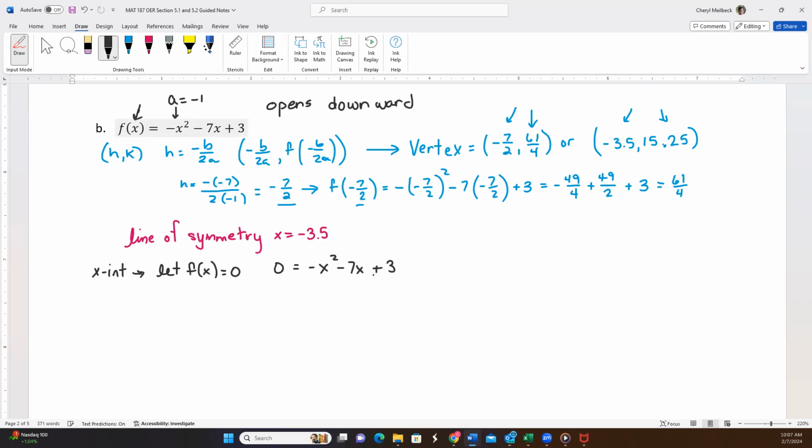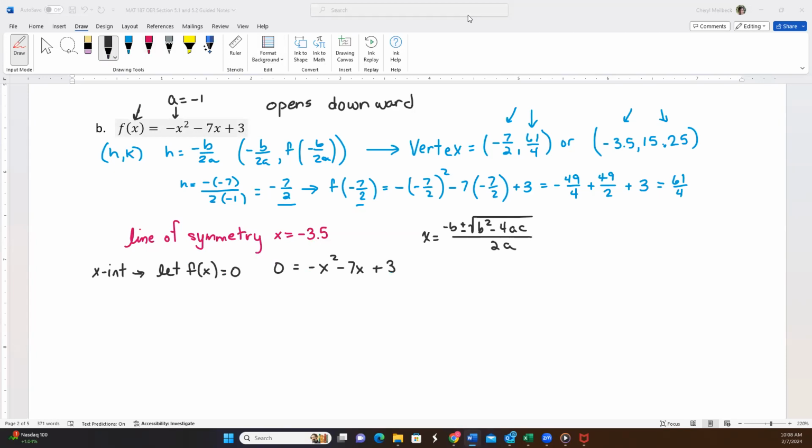Even if we factored a negative out, there are no two numbers that will multiply together to give us 3 and add to give us 7. So we're going to need to use the quadratic formula to solve this. x is going to equal negative b plus or minus the square root of b squared minus 4ac, all over 2a. Let's have you find the x coordinates using the quadratic formula.